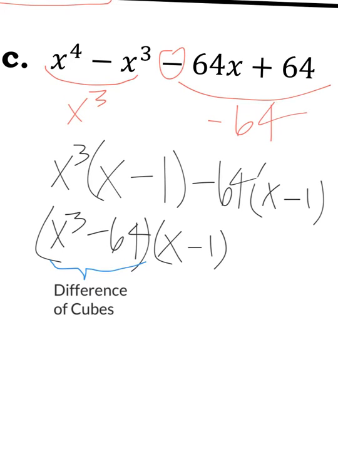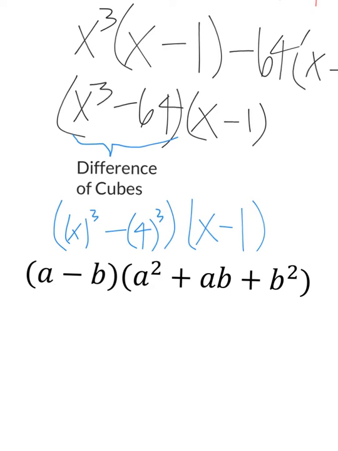So because we have a difference of cubes, we're going to write it as x raised to the third minus 4 raised to the third times x minus 1. And then I'm just going to look at the difference of cubes pattern from above. So I'll copy and paste that below right now. So here's the difference of cubes pattern.